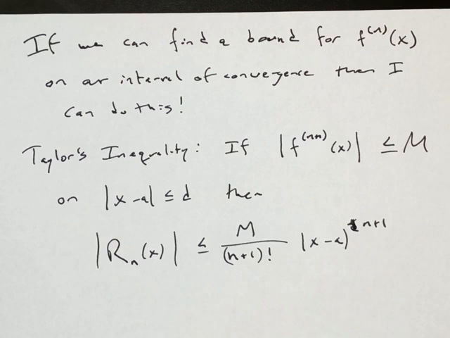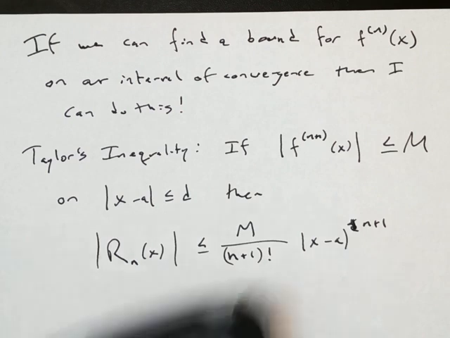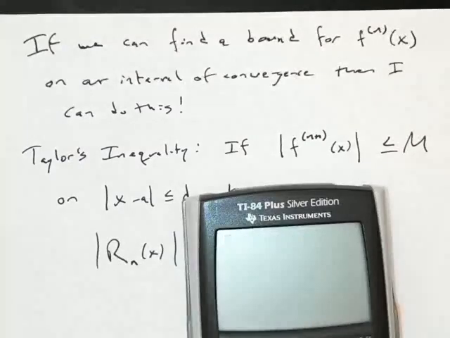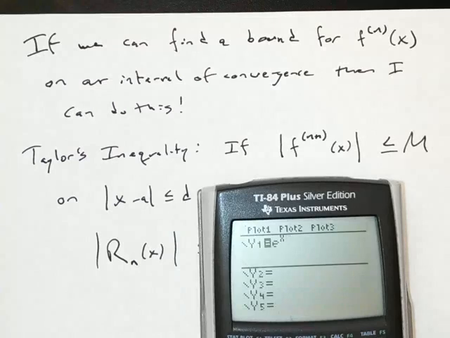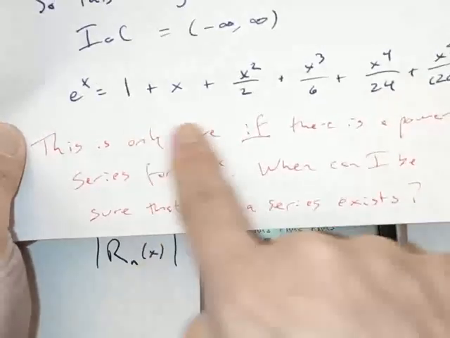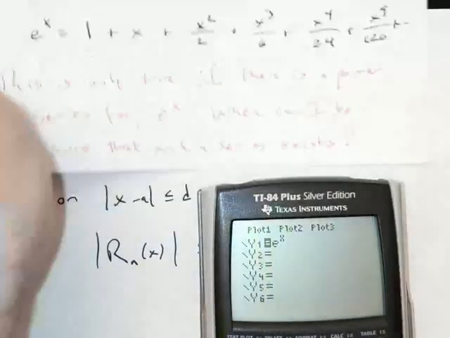Let's recreate that picture. So, first graph is e to the x. Then, I'm going to graph some polynomials. Ready?